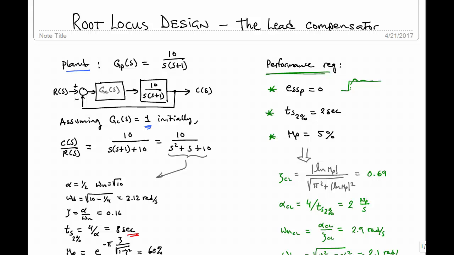So this system, as it comes to us, the plant has a pure integrator, and so it is a type 1 system to begin with. Type 1, which means that this has a 0 steady state position error. In other words, 0 steady state error with respect to a unit step.